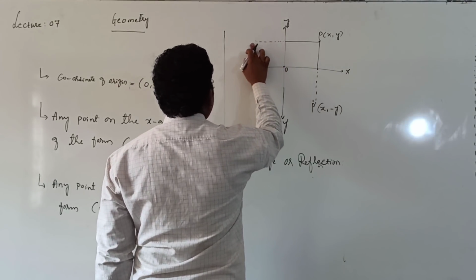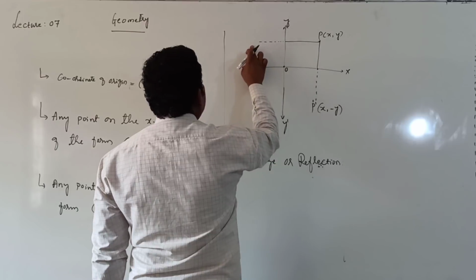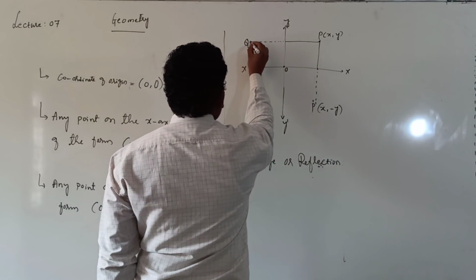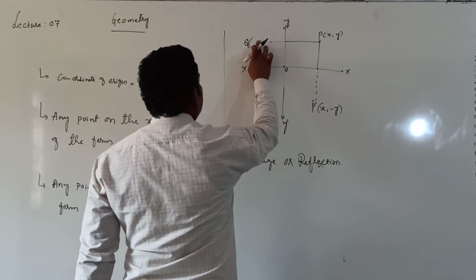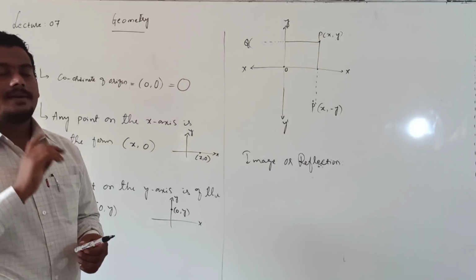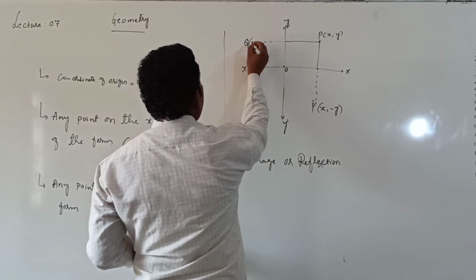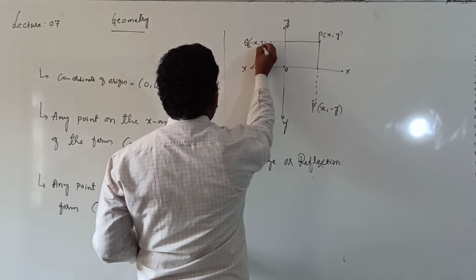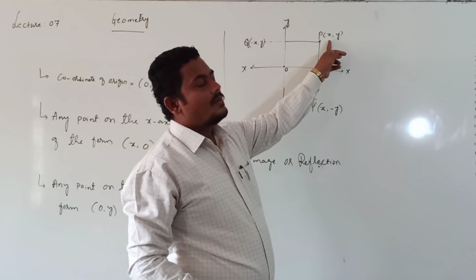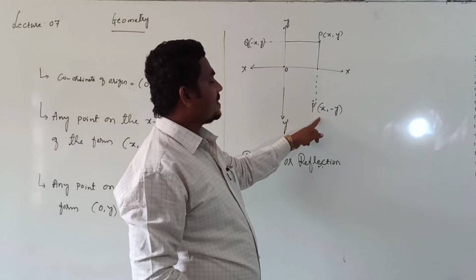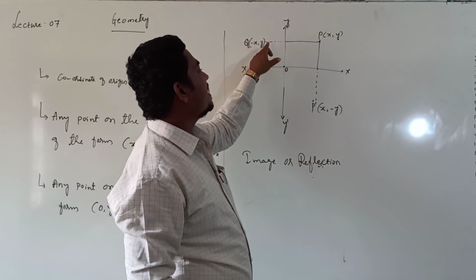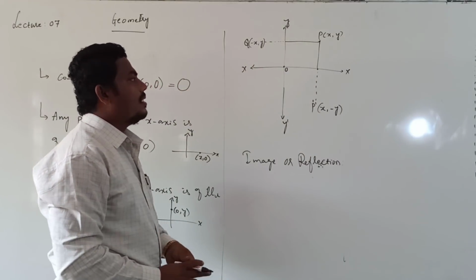If this is the image of P with respect to y-axis and it is denoted with Q, then what are the coordinates of Q? Second quadrant means x negative, y positive.